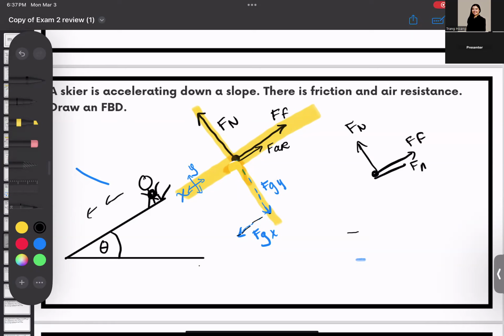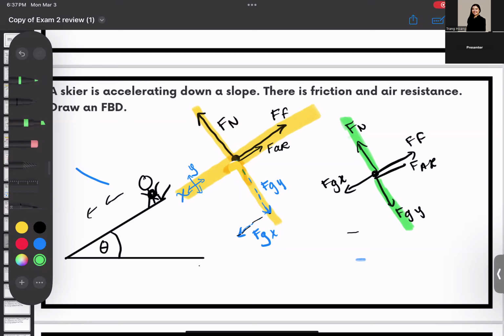So air resistance, we have FGY, we have FGX. At the end of the day, I want you to think about the skier moving logically and conceptually. That's what I'm challenging you to do. Is the skier moving up or down? Is he jumping up and down the hill as he's going down? No, right?